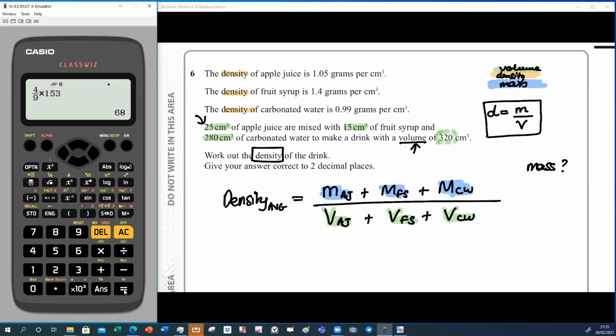Now, if we look at this original formula here, how do I work out the mass from the formula? You do density times volume. The opposite of divide by the volume is times by the volume, so density times by the volume equals the mass. That's the variation of that formula.